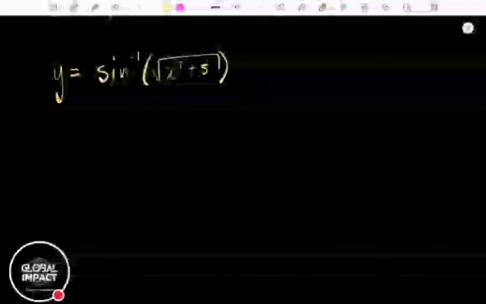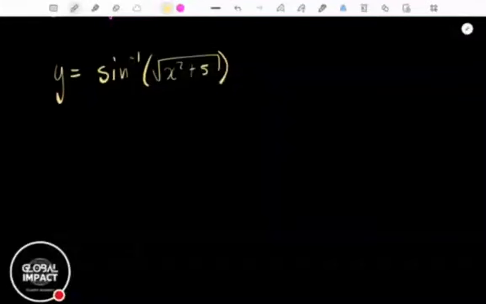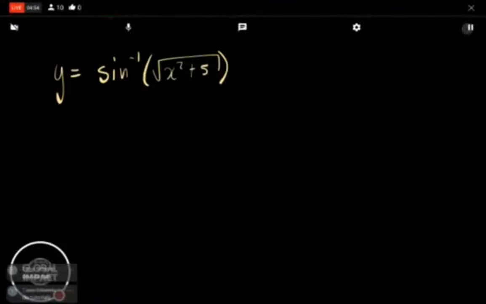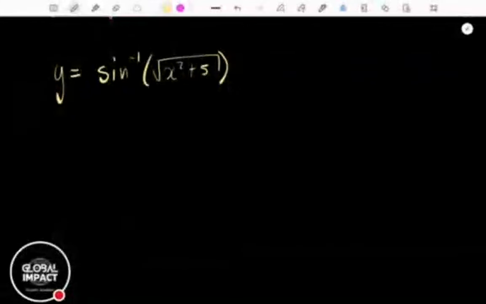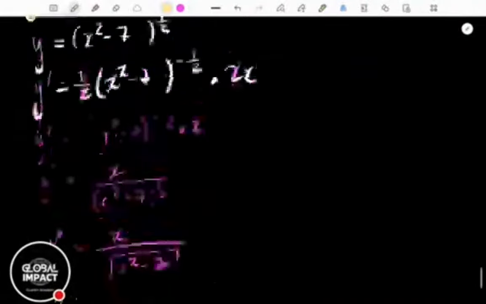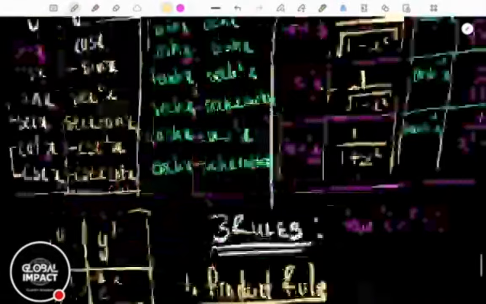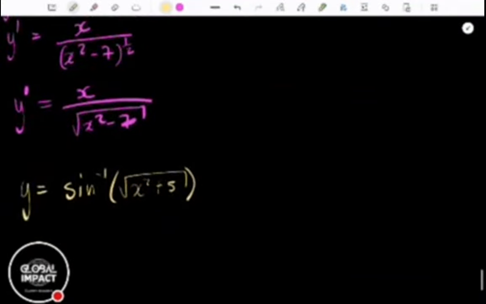In my table, I have sine inverse of x, but here it's sine inverse of something which is not x. You go to the same table which I gave you at the beginning, and you're going to use it to differentiate the outside. Remember, the inside will not change.